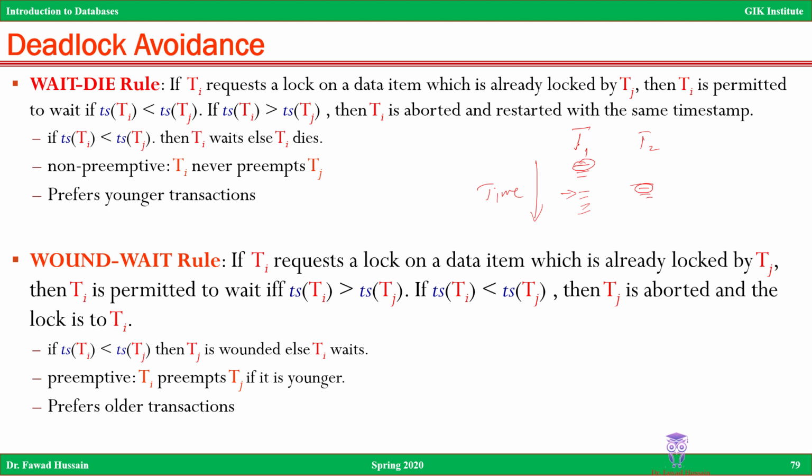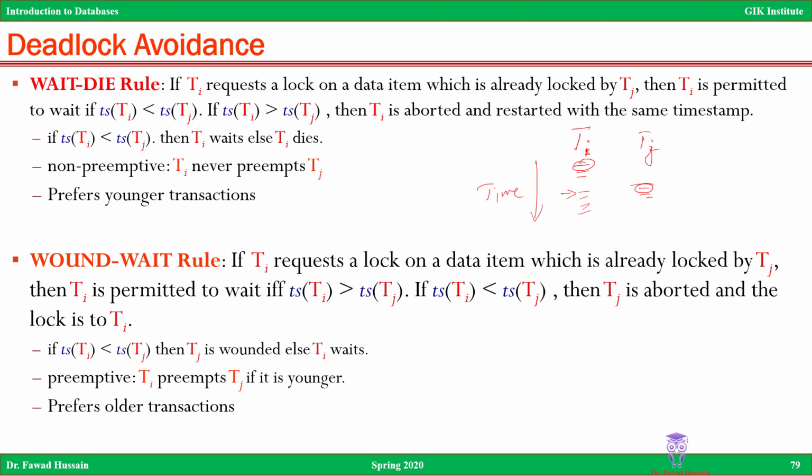So the timestamp of T1 is earlier than Tj. So let us call it Ti and Tj. So if Ti has a timestamp earlier than Tj, it's going to wait. Otherwise, if it started later, maybe if Ti started here, then Ti will be aborted and it will be restarted with the same timestamp at the time at which it is aborted.